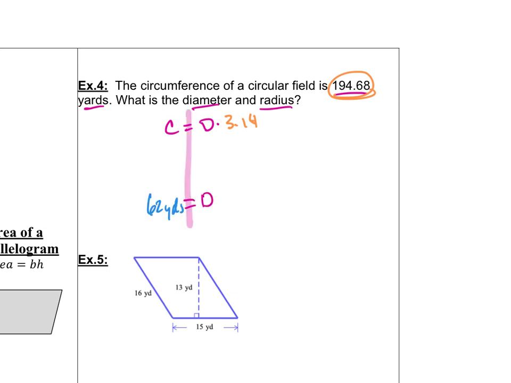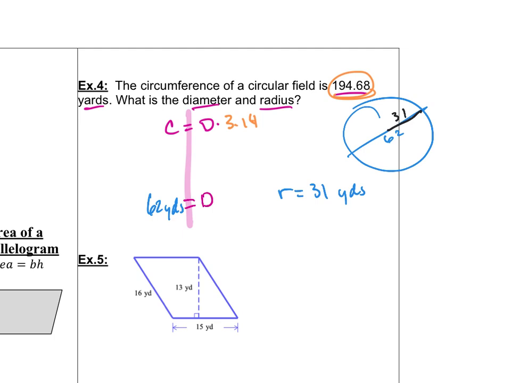Okay, you should have gotten that the diameter was 62 yards, which means the radius would be 31 yards, because the radius is half. If you're looking at the circle, if that was 62 yards, then the radius would be 31 yards.